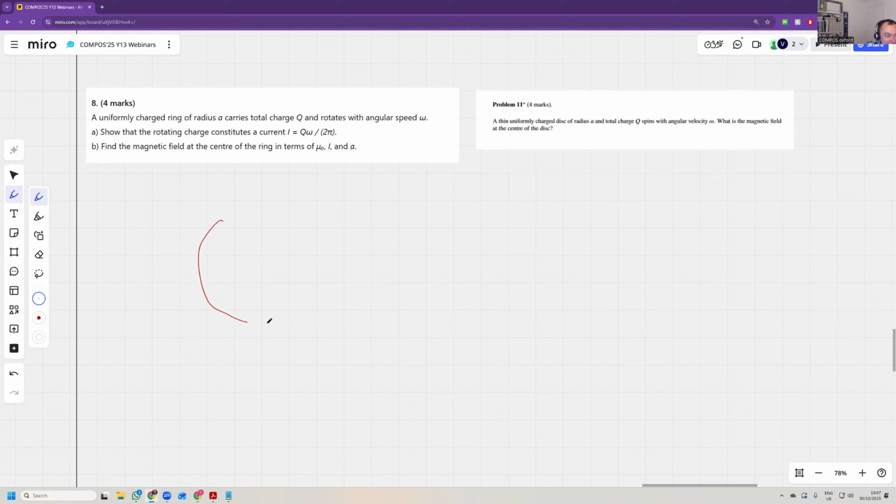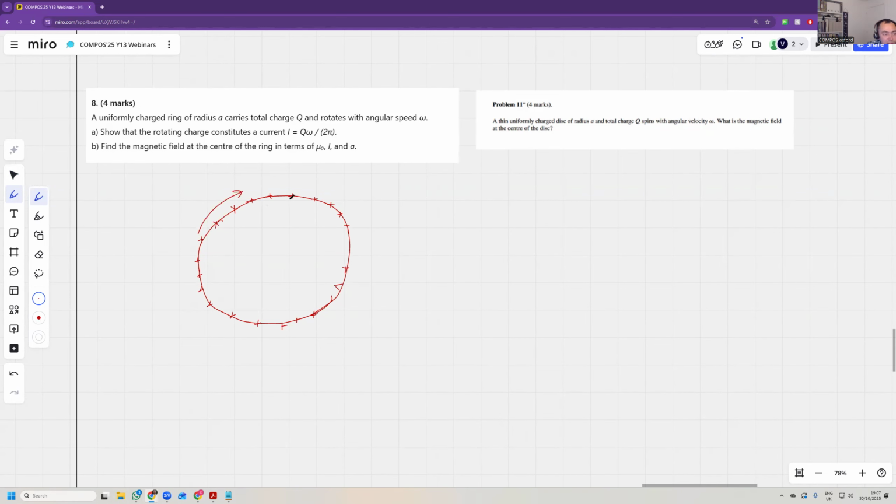Now we're doing a single uniformly charged ring. So we have a ring which is charged. Let's say it's positively charged. It doesn't really matter how it is charged. But when positive charge moves in a circle, that's electric current.